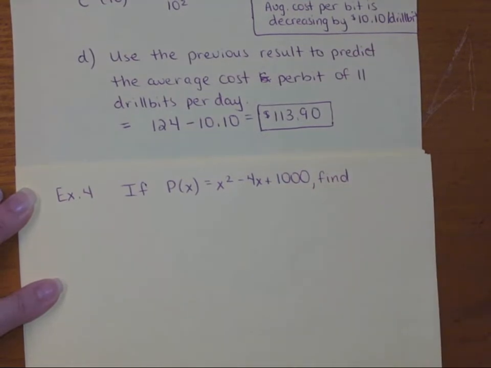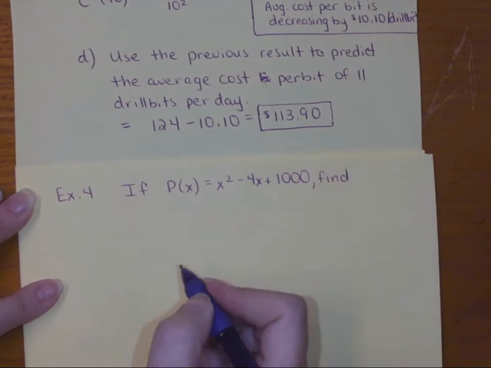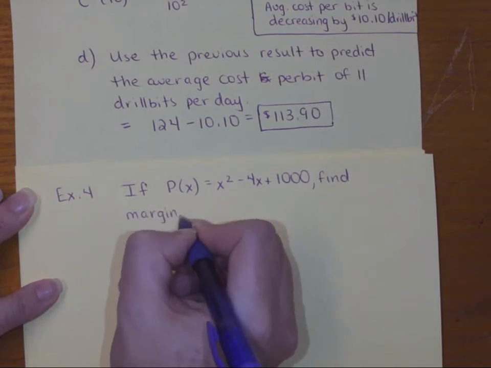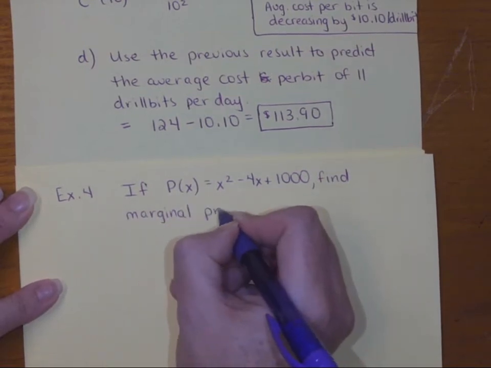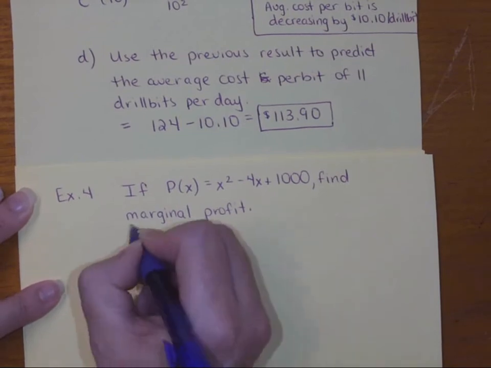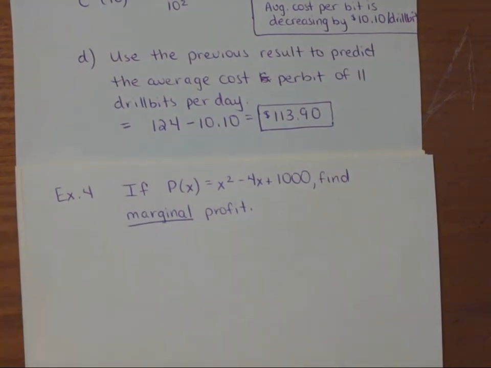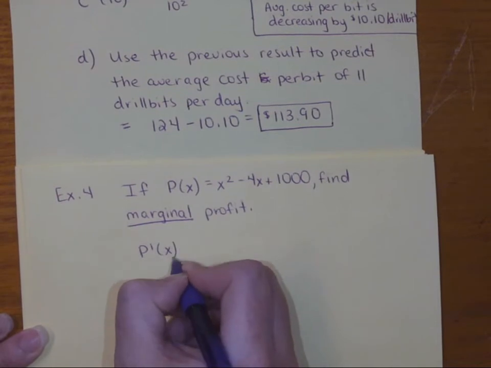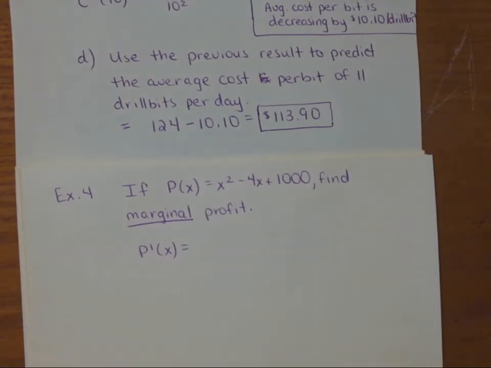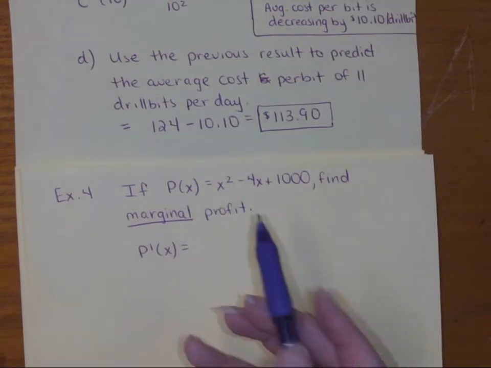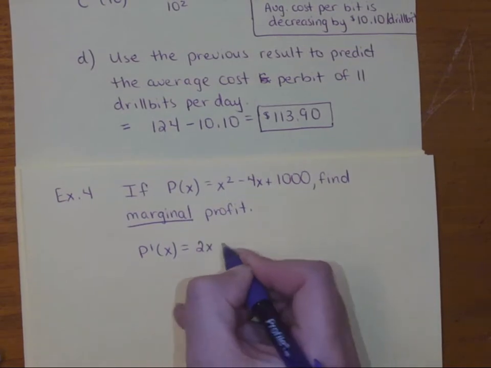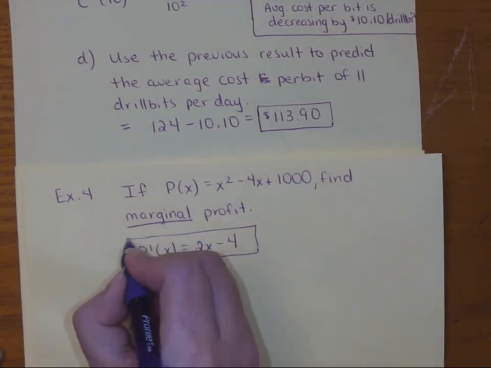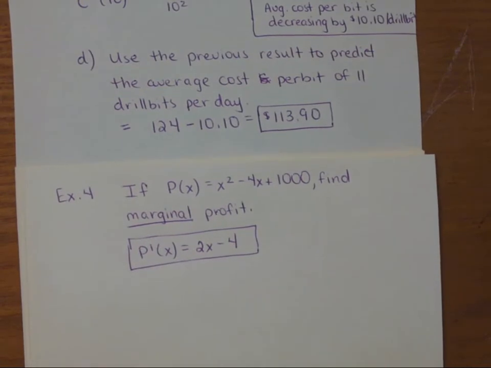So if the profit function is x squared minus 4x plus 1,000, and I tell you to find the marginal profit, again, anytime you see that word marginal, just think to yourself you need to do derivative. So this would be p prime of x, and then just do your power rule, right? The 2 comes around to the front, so 2x minus 4. So that would be all there is to that.